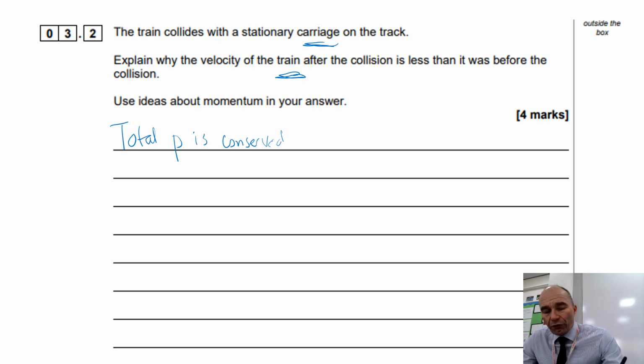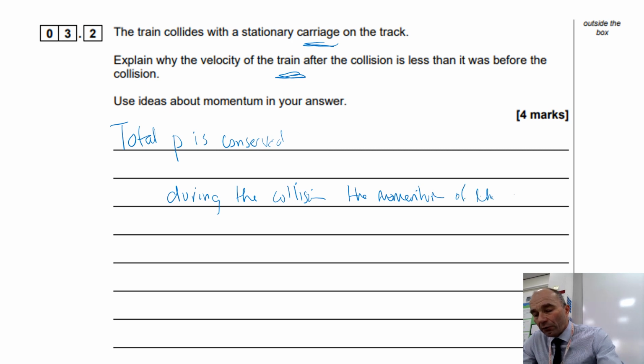Now, the train crashes into the carriage, so during the collision, the momentum of the carriage increases because the train hits it and it makes that carriage move.